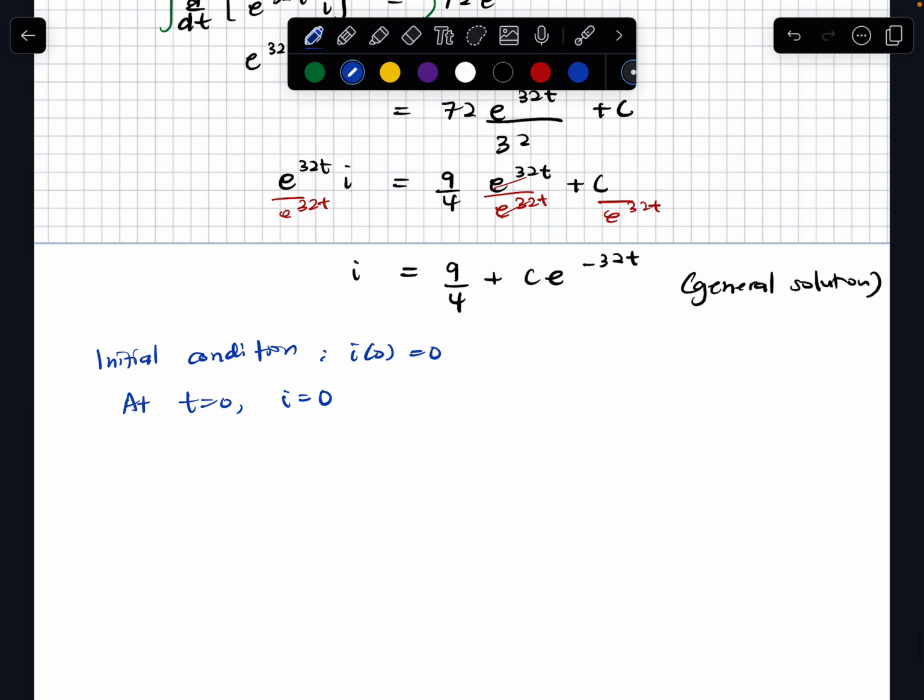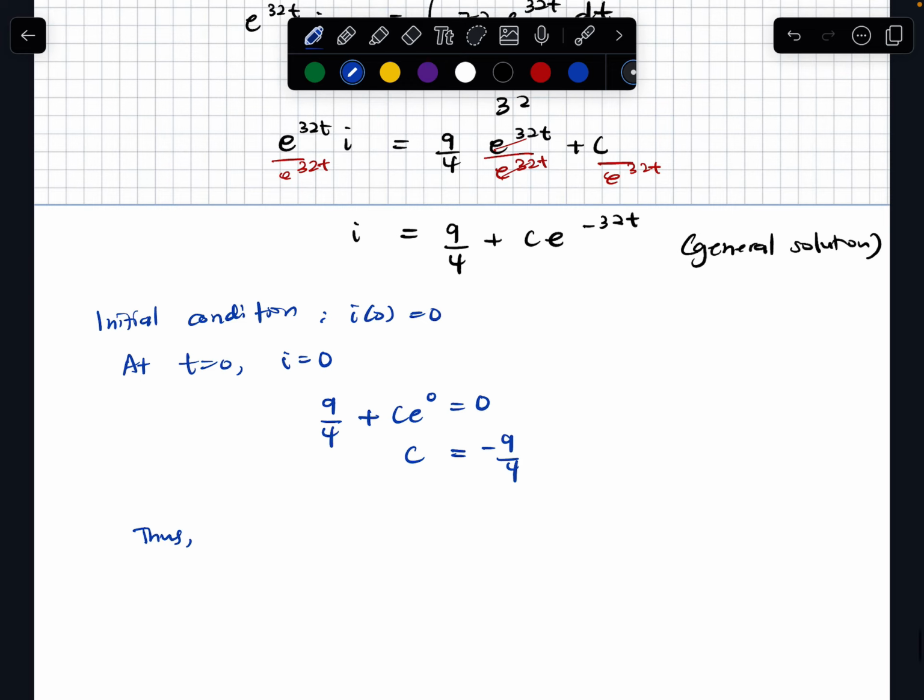So we replace into the equation, then you can get C equals negative 9/4. Finally, your final answer is I equals 9/4 minus 9/4 e^(-32t). So this is the particular solution.